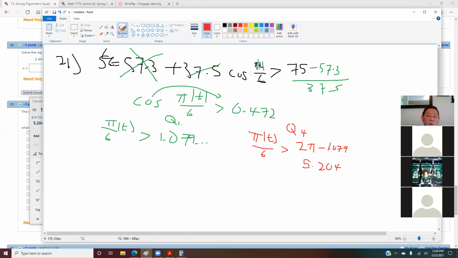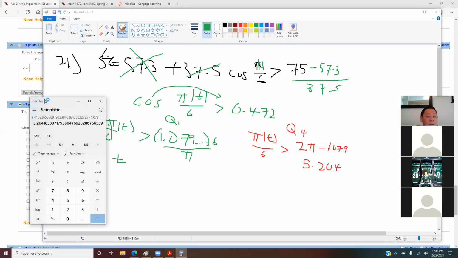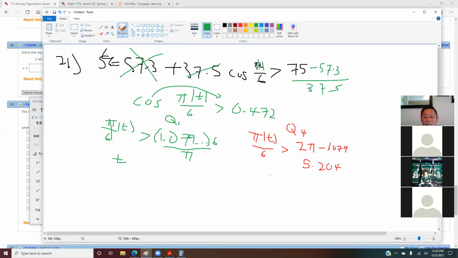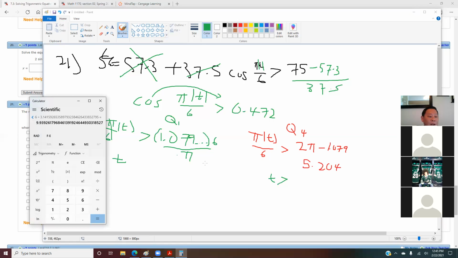And then next, I want to solve for t. So I will multiply this by 6 and then divide it by pi. So t in this case is greater than 9.939.